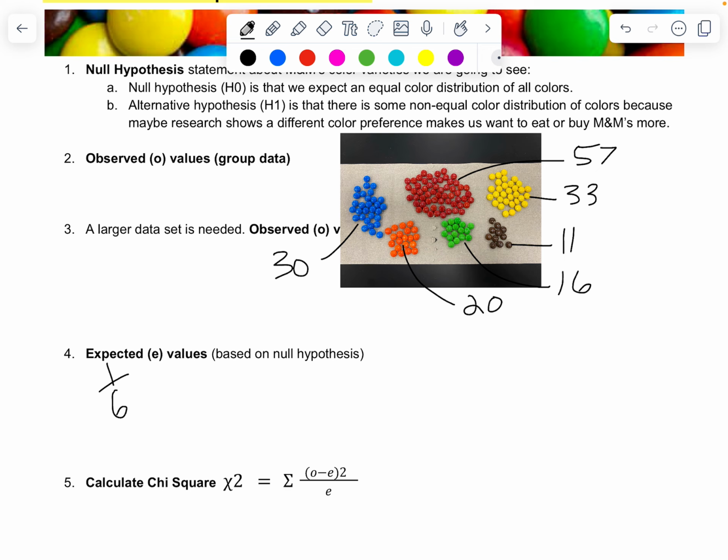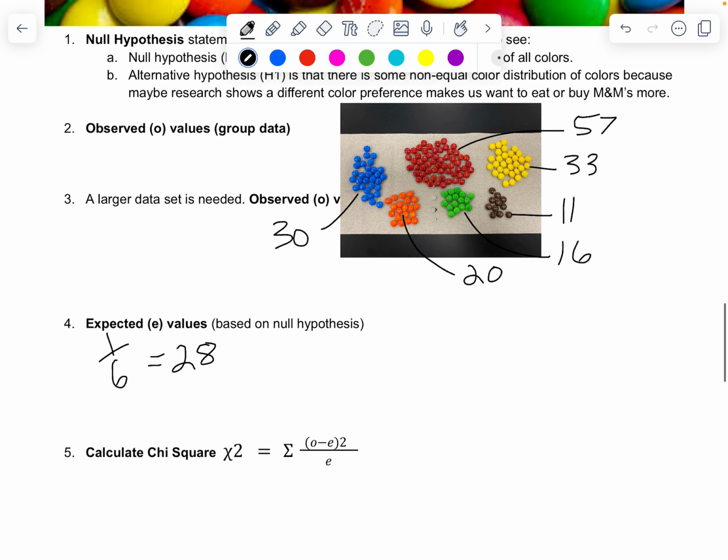So I expect 27.8 of each color based on the null hypothesis. Okay, and I am going to round that. That's going to be annoying to work with. I'm just going to round that to 28. Okay, so those are our expected values, 28 of each color.